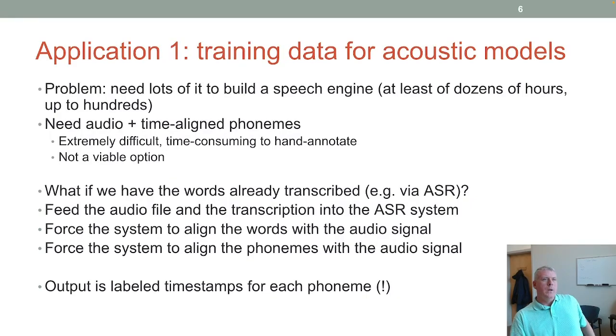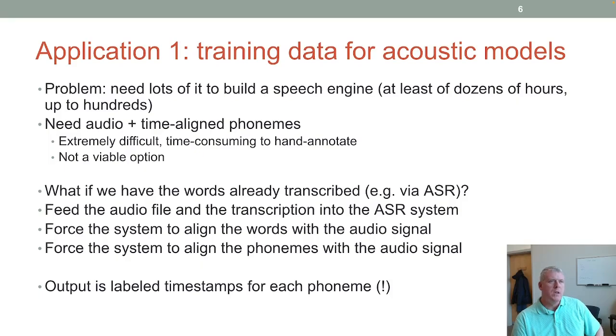Let's talk about the applications for forced alignment. Number one, training data for acoustic models. Acoustic models take a lot of training data to make a good acoustic model that's worth using.